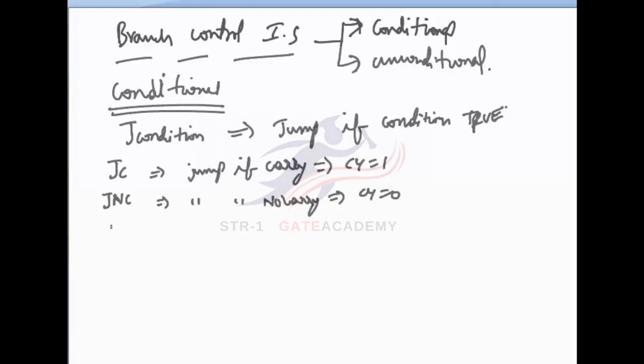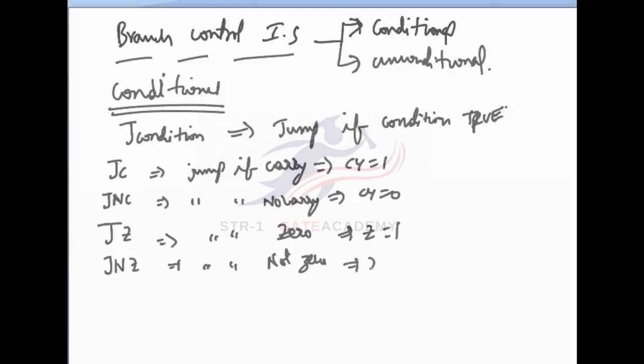Similarly, we have other instructions. JZ means jump if zero flag, and JNZ is jump if not zero. Here the zero flag is 1, and here the zero flag is 0.